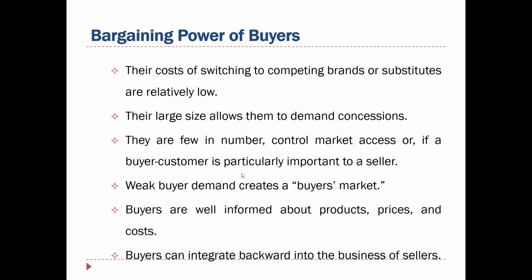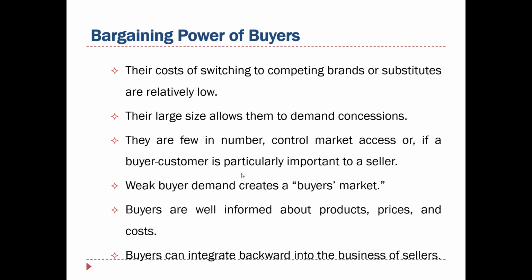So areas in which you see more bargaining power of buyers is when the cost of switching to competing brands or substitutes are relatively low. So if it's easy for you to switch from one brand to another, then your buyers will have more power. If it's a large size, which your consumers are, then you obviously would mean that they would have more power because they are doing more in volumes.